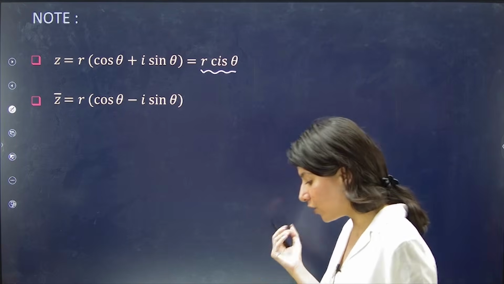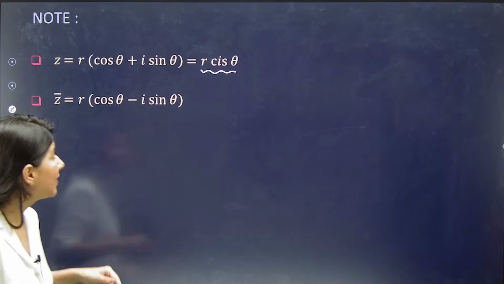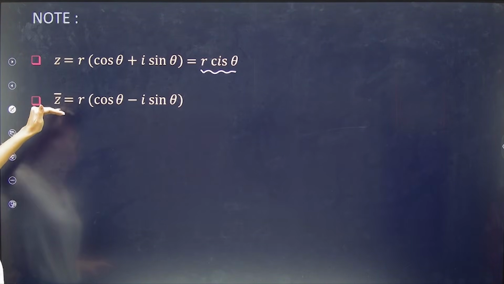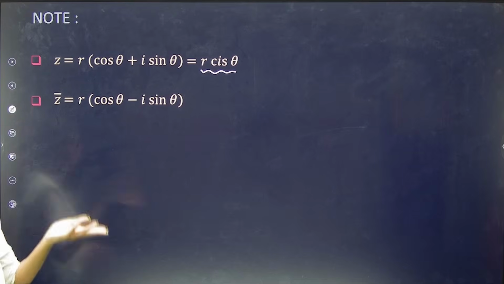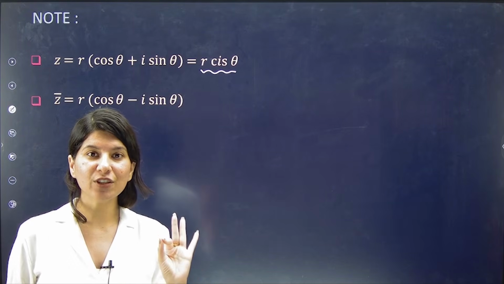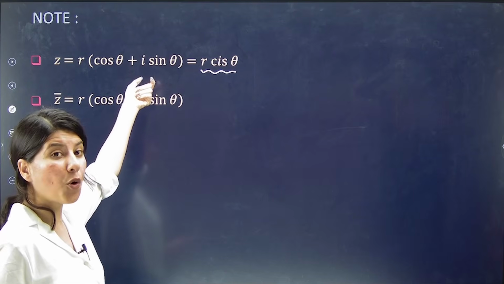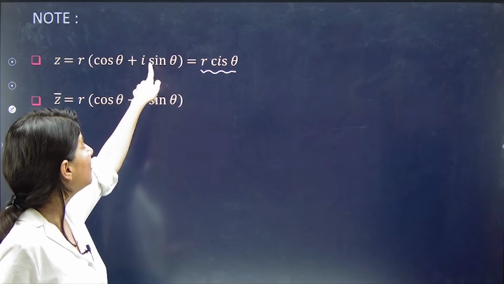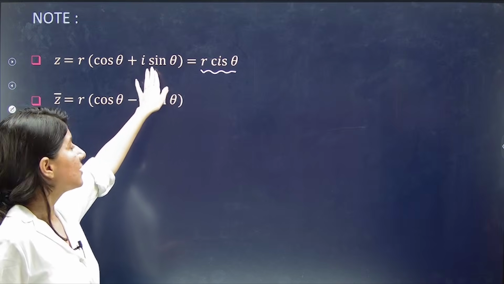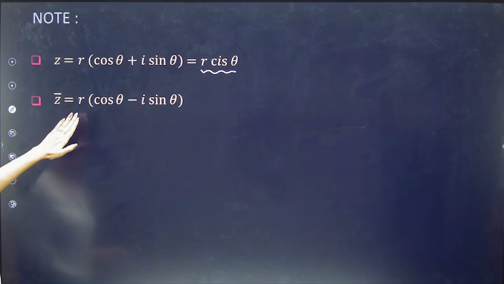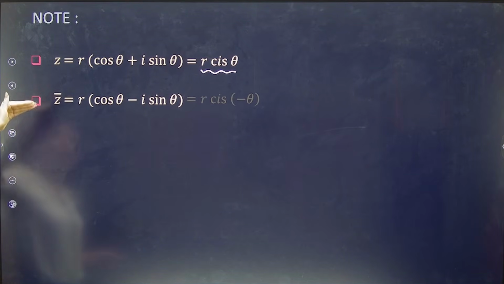Also, whenever you see the conjugate of z, conjugate means just change the sign of whatever is written with iota. So iota sin theta becomes minus iota sin theta, so this is z bar, the conjugate of z.